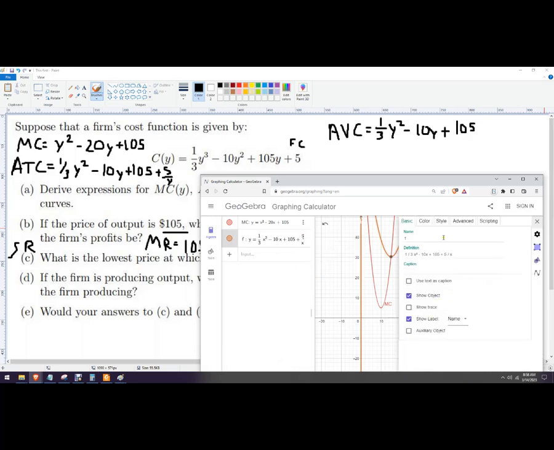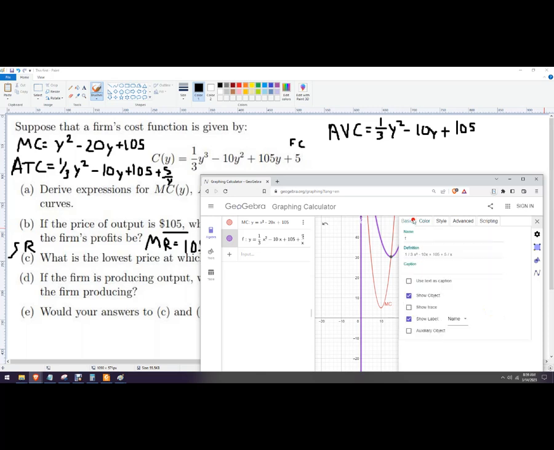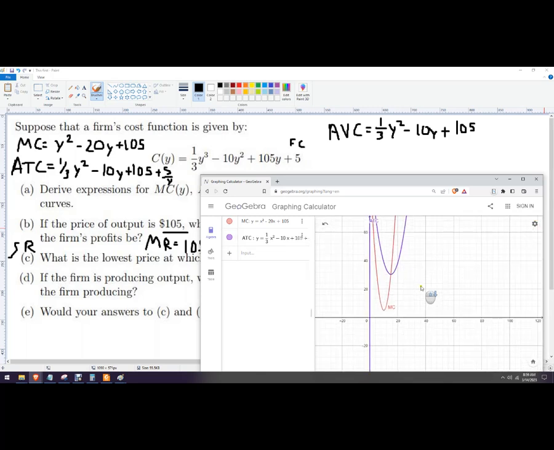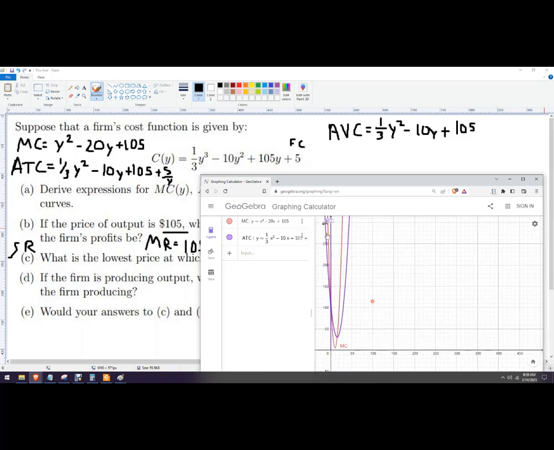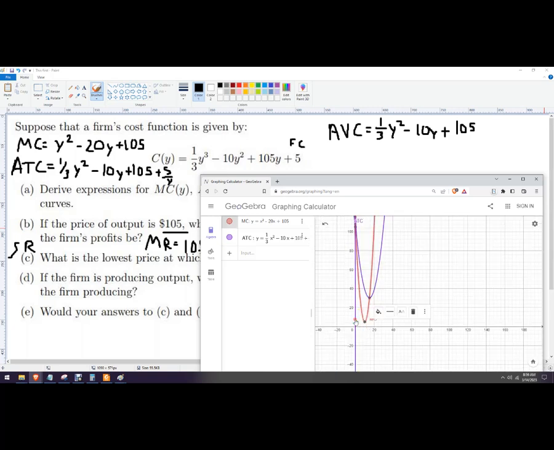I think we can change the color too. You like purple? There we go. Purple's good. Then we want to change that to ATC. You can do some more fancy stuff if you want. There is our average total cost curve. It does some funky things. We don't want that piece of it, we just want that piece.